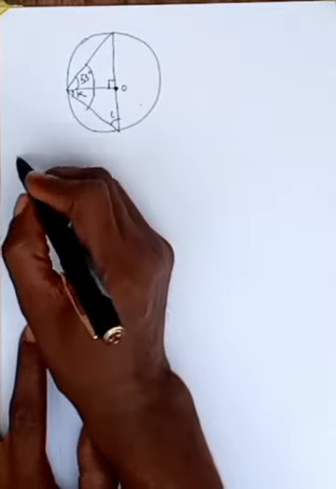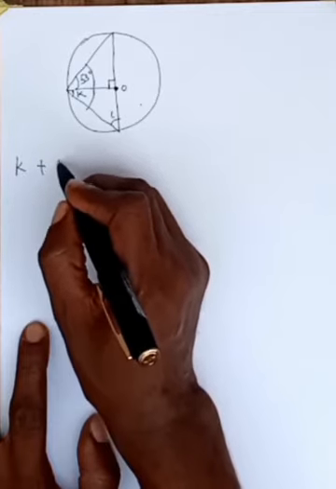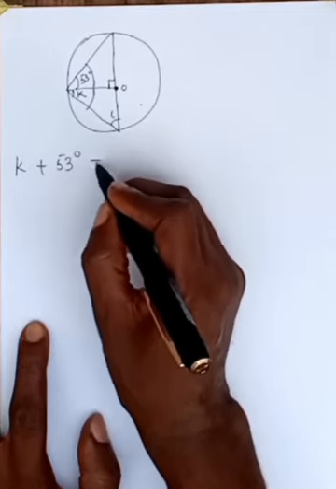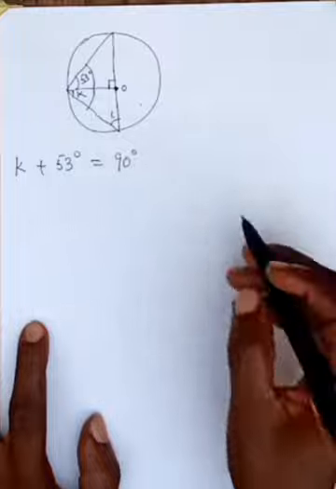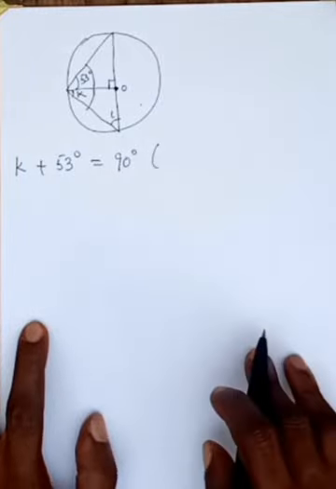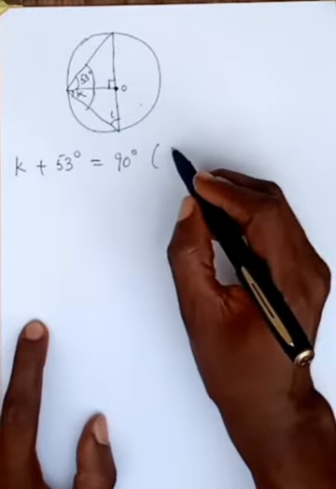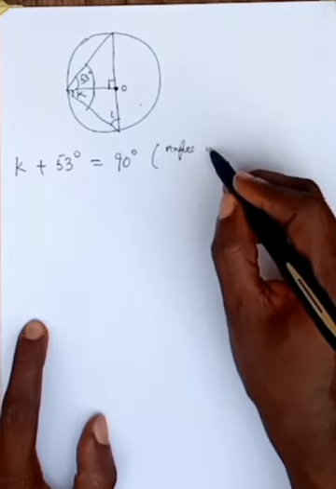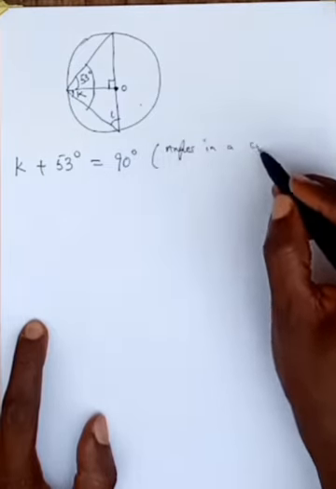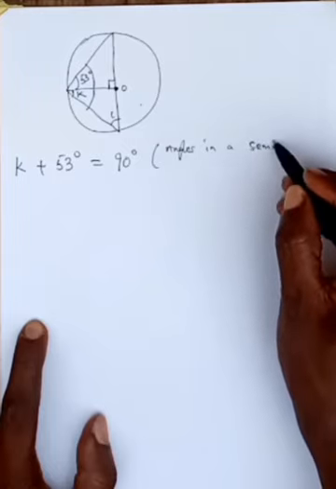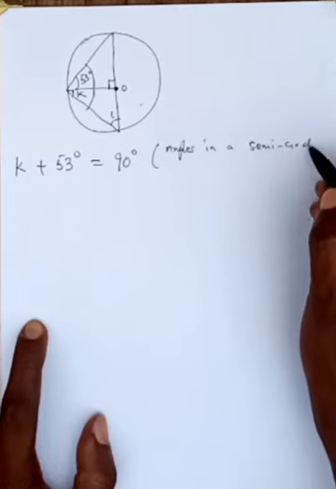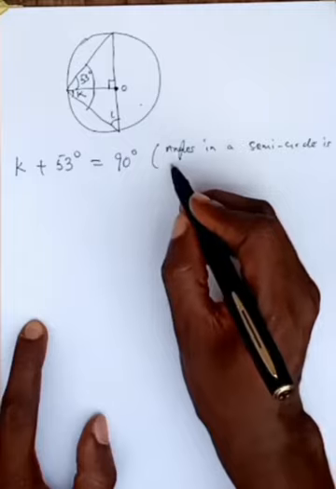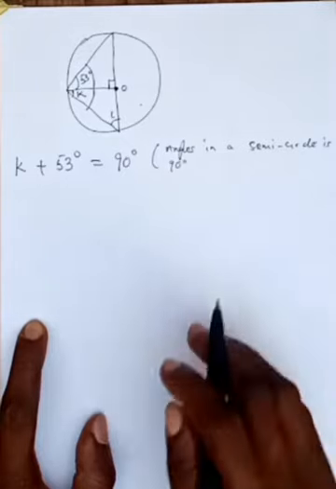So it shows that K plus 53 degrees is equal to 90 degrees. It might be necessary for one to state the theorem. The theorem states that what? Angles in a semicircle is 90 degrees, or it is a right angle.